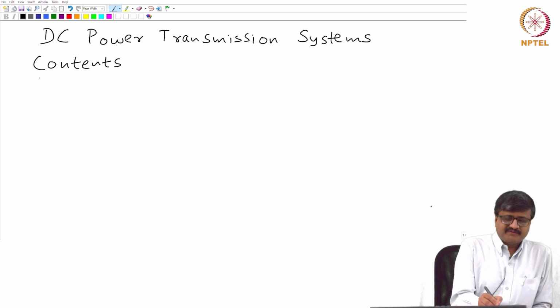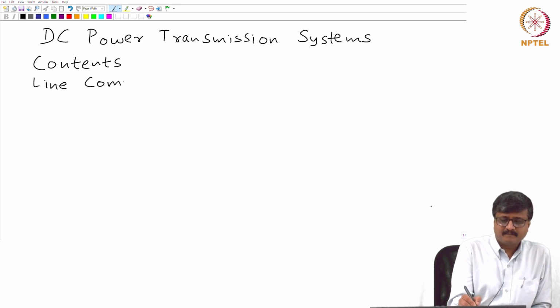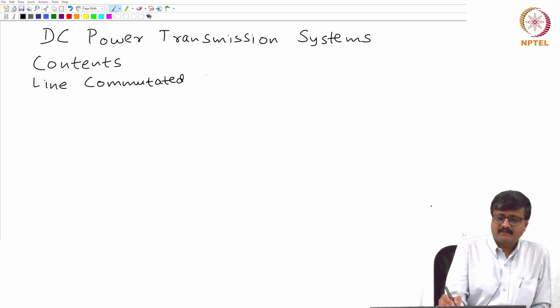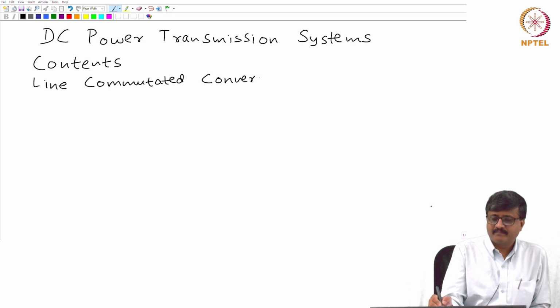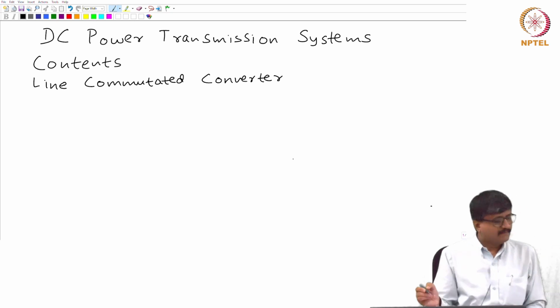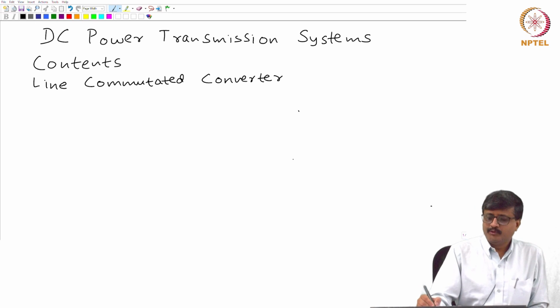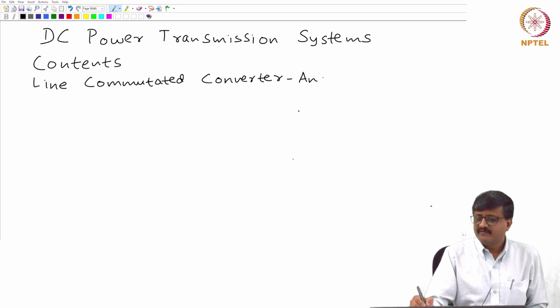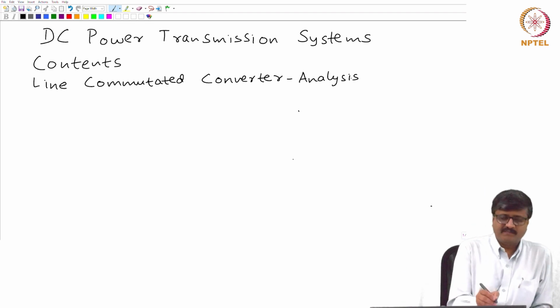So, we will start with what is known as line commutated converter. So, we will try to do the analysis of a 6 pulse converter as well as a 12 pulse converter.